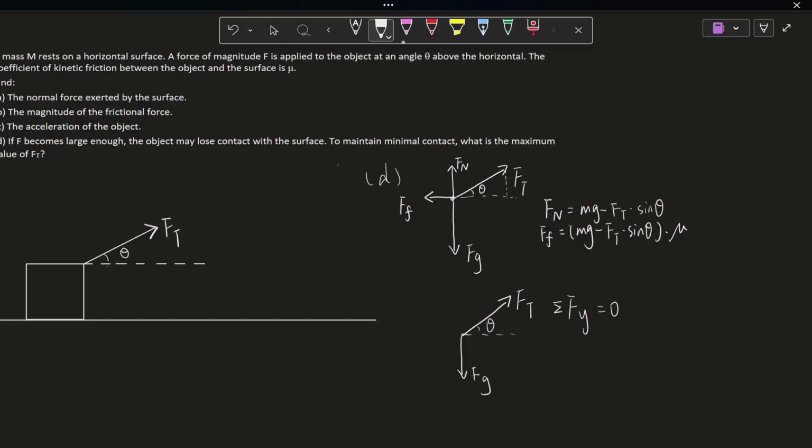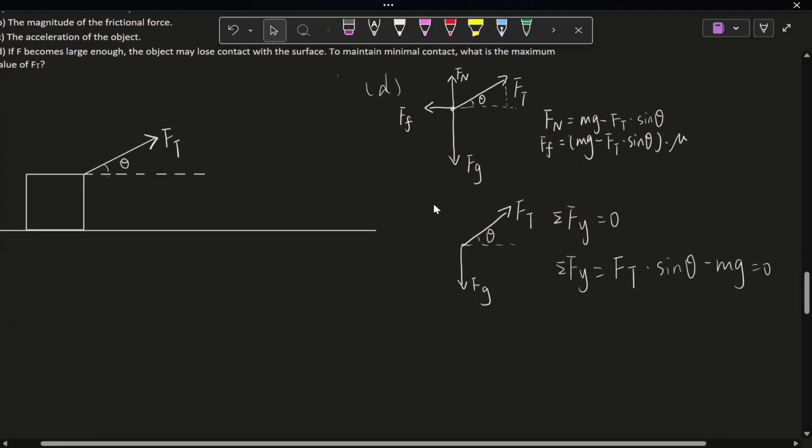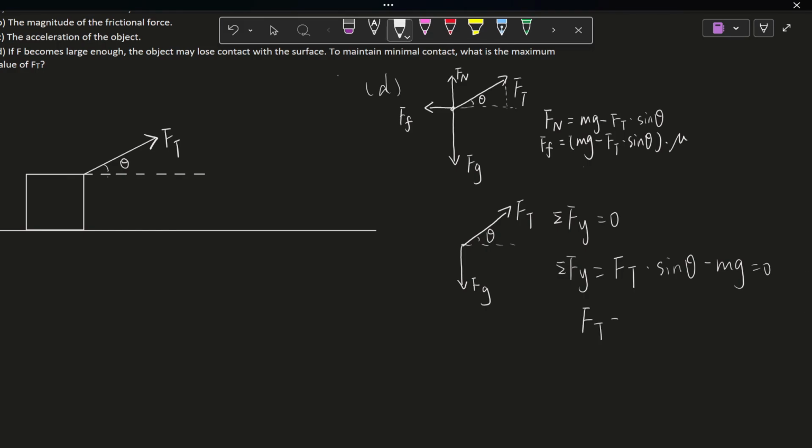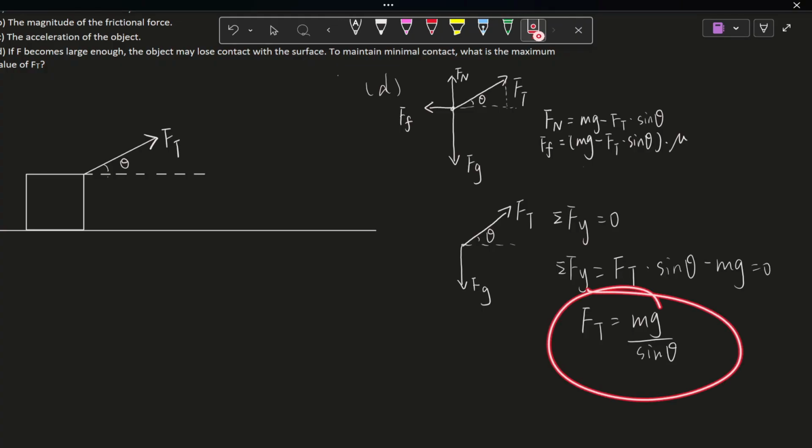Breaking them down into components using trig, net force y is equal to Ft times sine theta minus mg equals 0. We can get Ft is equal to mg over sine theta. So this will be the maximum value of Ft.